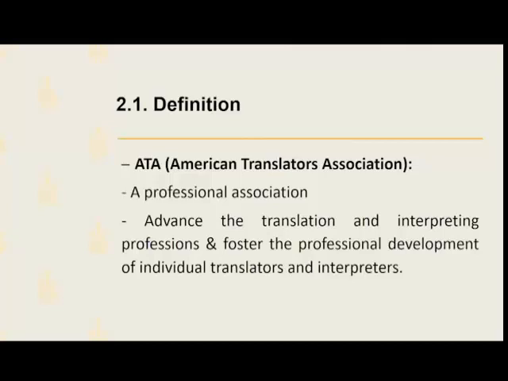As you can see, ATA, American Translators Association, is a professional association founded to advance the translation and interpreting professions and fosters the professional development of individuals, translators, and interpreters.